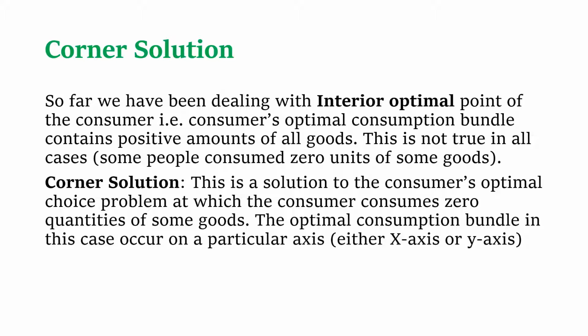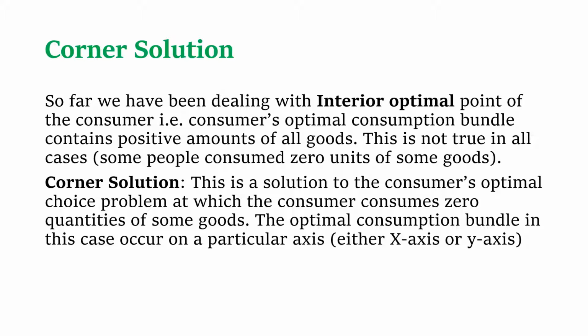So the corner solution, therefore, to the consumer's optimal choice problem occurs at a point where the consumer consumes zero quantities of some goods. The optimal consumption bundle in this particular case occurs on either the x or the y axis.